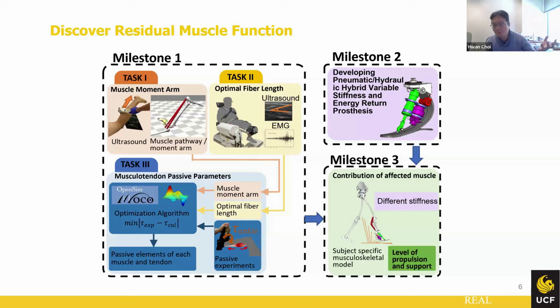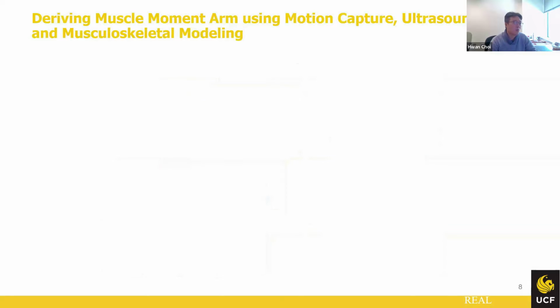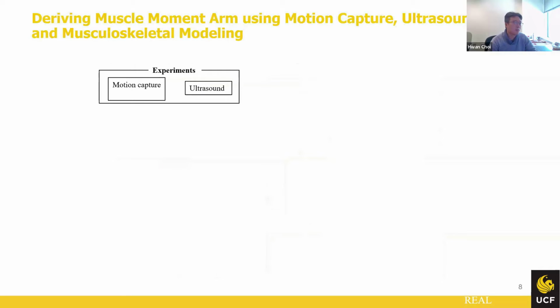If the residual muscle negatively impacts walking, then perhaps we can alter the function by using neuromuscular sensory feedback. So first of all, we're quantifying the muscle moment arm, which is the muscle pathway.